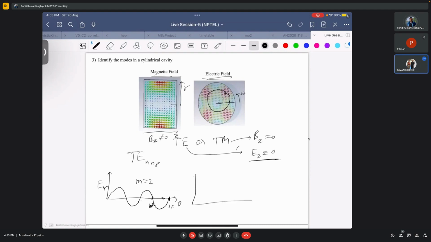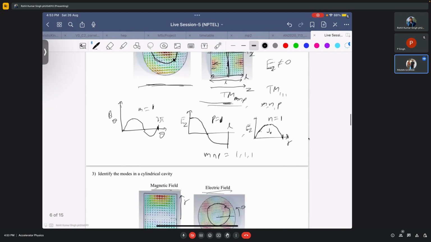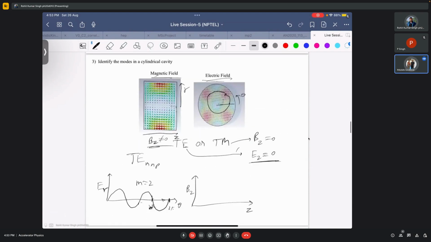Yeah. And then we can look at Bz, because Bz is not 0, okay, as a function of z or r. When we look at it as a function of z, it will give us the p, okay. Oh, the magnetic field.